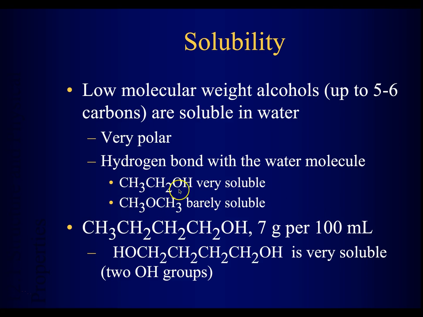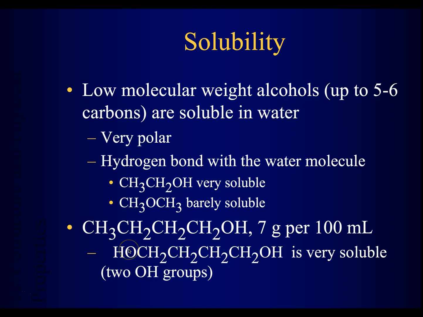If I have our ethanol, it's very soluble, but notice if I put the oxygen on the inside, as in our ether, it's barely soluble because the oxygen is kind of surrounded by nonpolar areas. So it is not going to be as soluble as something with a very polar OH bond at the end of the molecule.